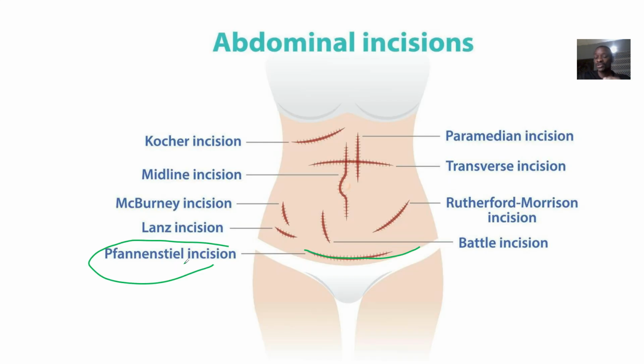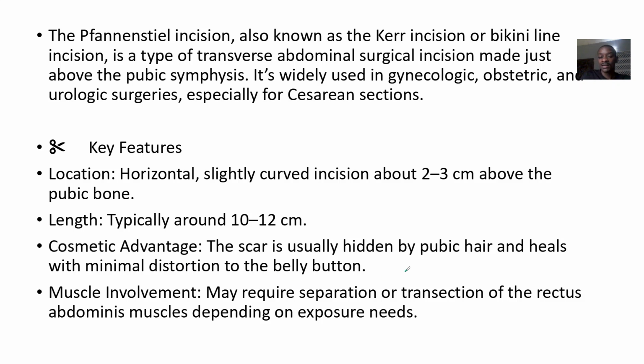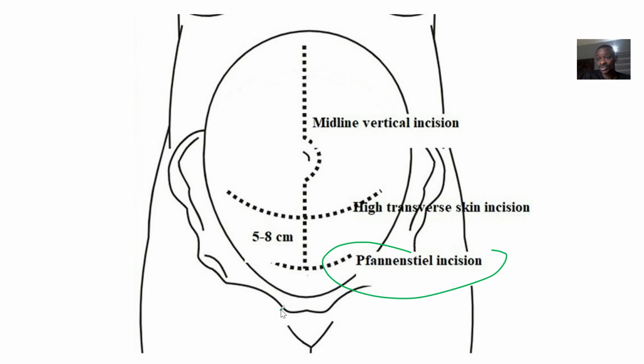Later on, when the wound of that incision is healing up, there will be a little scar. Do you understand? So the scar will be hidden by pubic hair, or there's minimal distortion. Muscle involvement may require separation or transection of the rectus abdominis muscle, depending on the exposure needs.